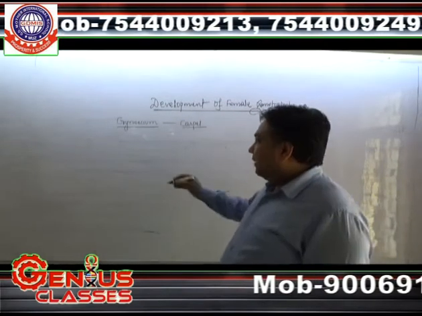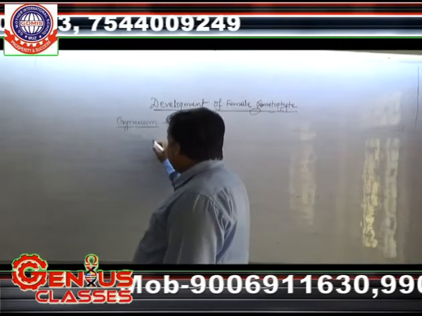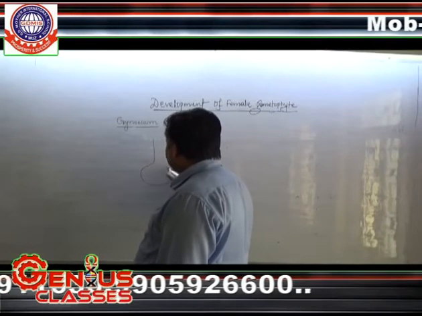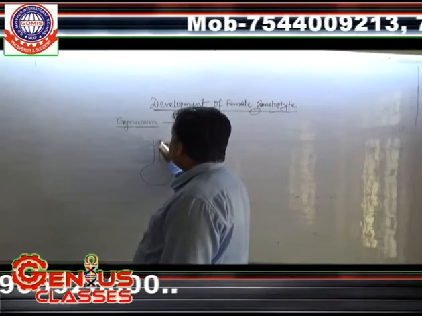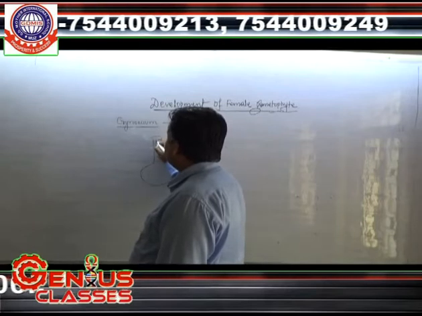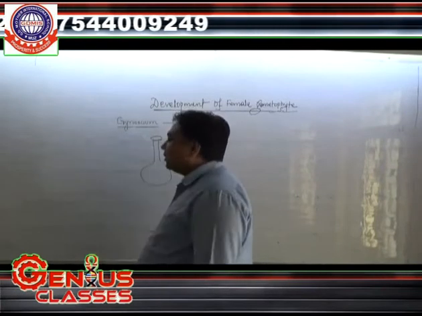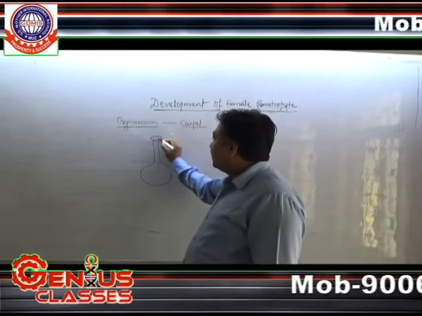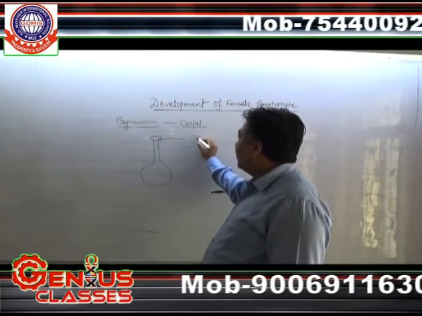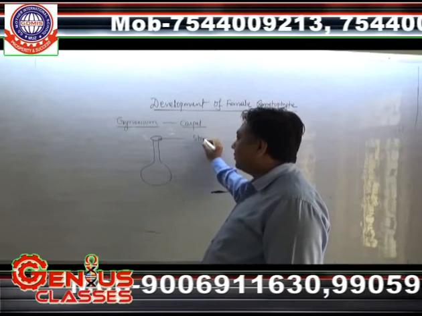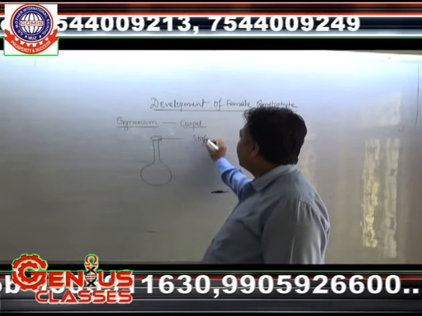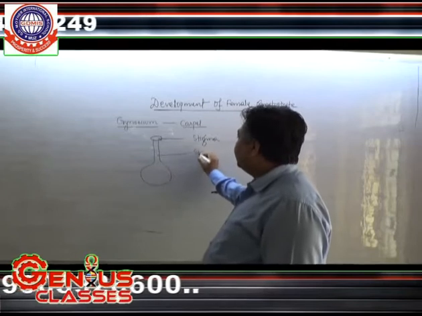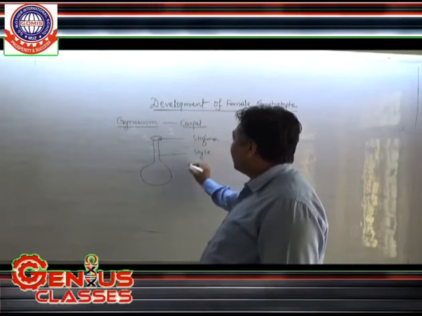A carpel is made up of three parts. The very first is stigma, then style, and ovary.